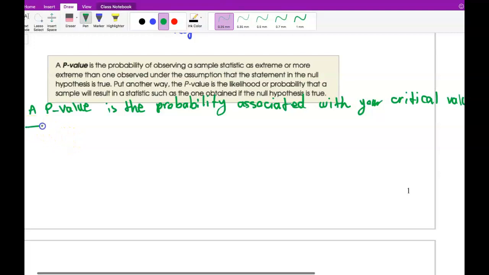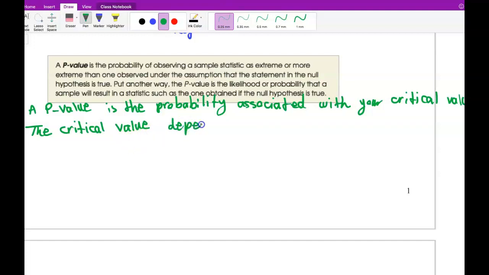And the critical value depends on the probability you are allowing for a type 1 error.